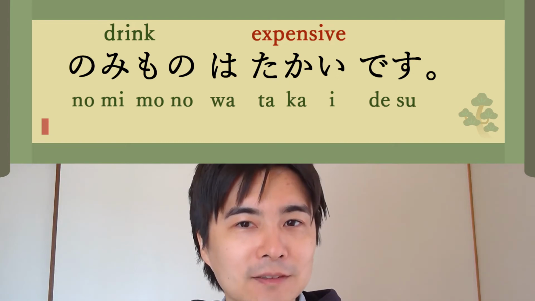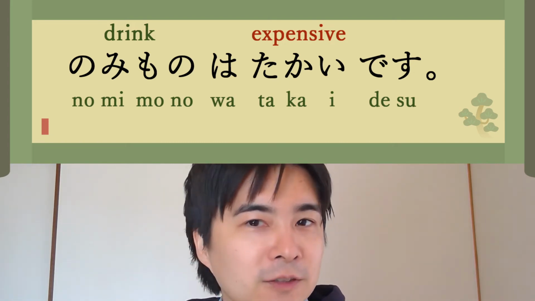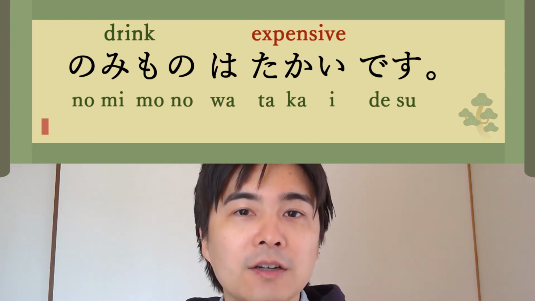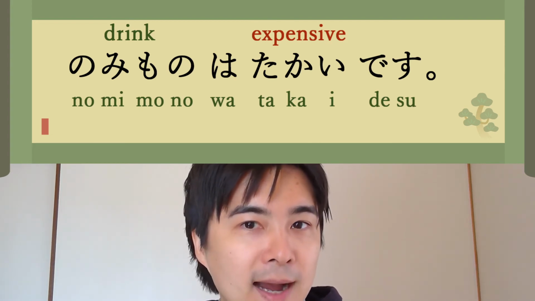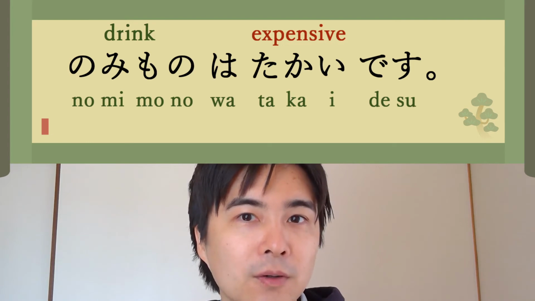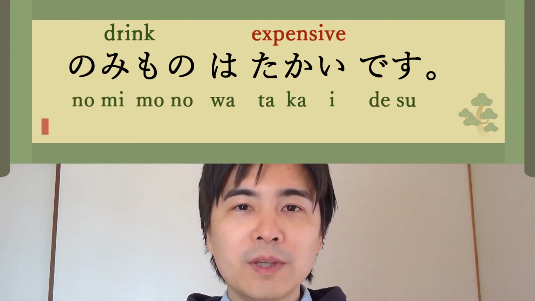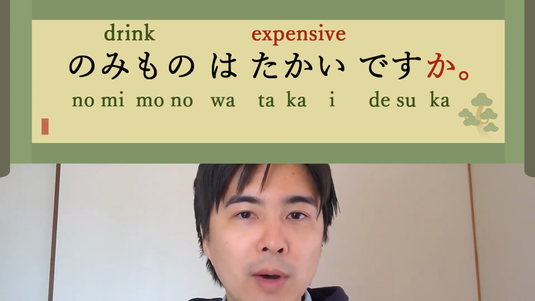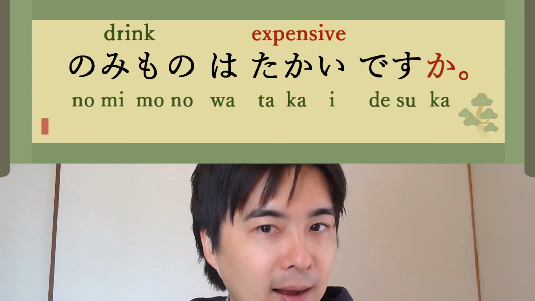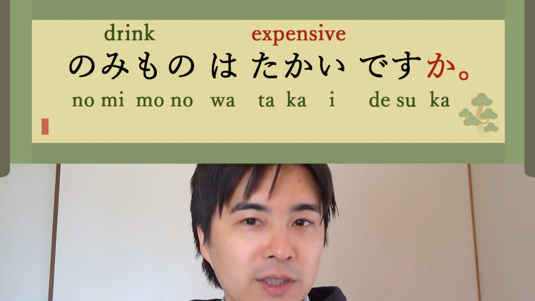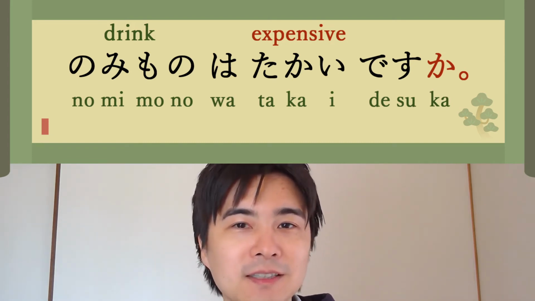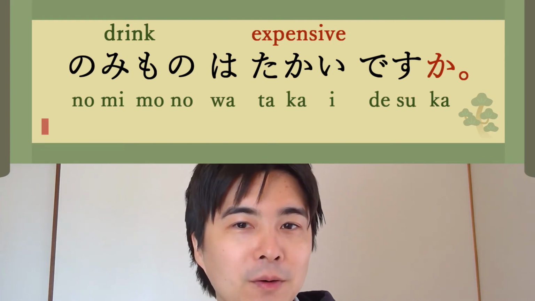So how do you ask, are drinks expensive? Actually, it's easy. You just need to add the particle か at the end of the sentence. So it is 飲み物は高いですか？This means, are drinks expensive? How was it? Maybe it's easy because you just need to add a particle か at the end of the sentence.